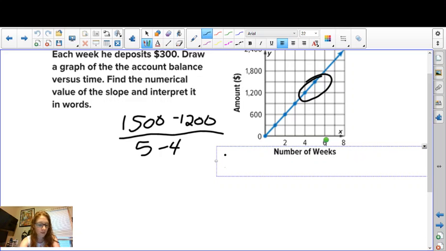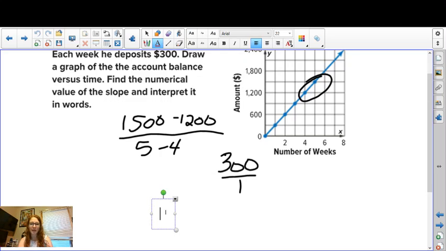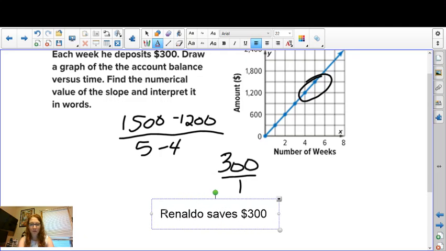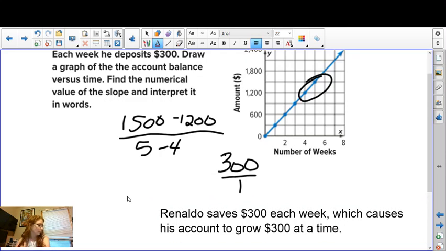So 300 over 1. Which, hey, that's kind of what we came up with. So what does that mean? It means that Ronaldo saves 300 each week, which causes his account to grow $300 at a time.